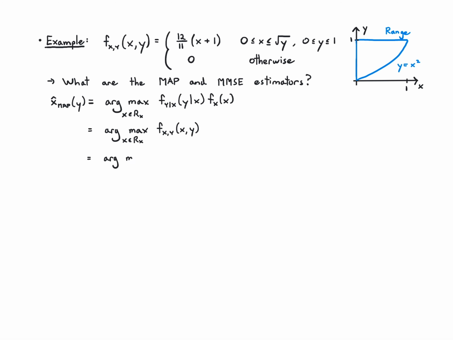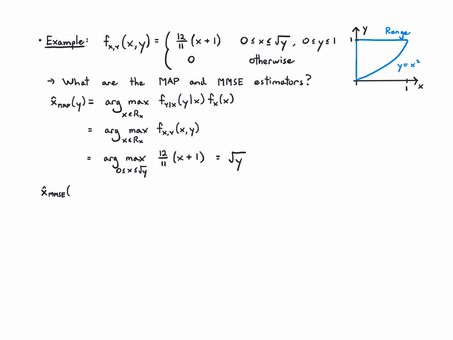So I plug in the range of x, 0 up to root y, with the joint PDF 12 over 11 times x plus 1. For higher values of x I get a larger value, so I just take the highest possible value, which is root y. That's the MAP estimator.